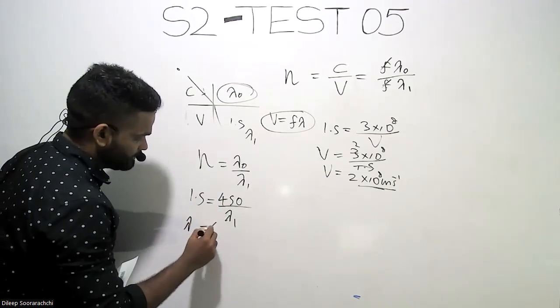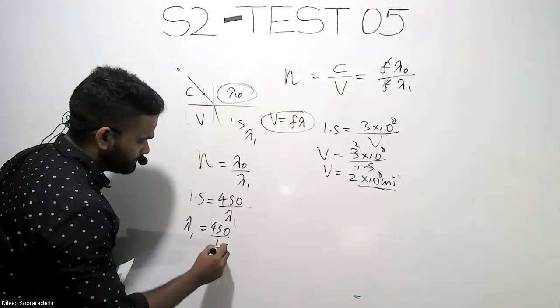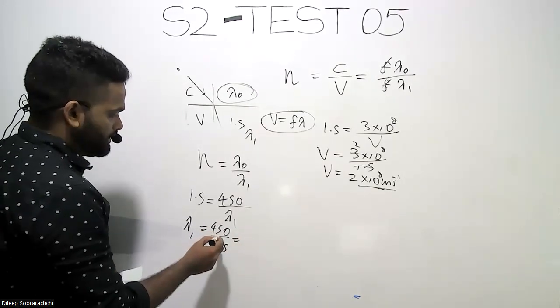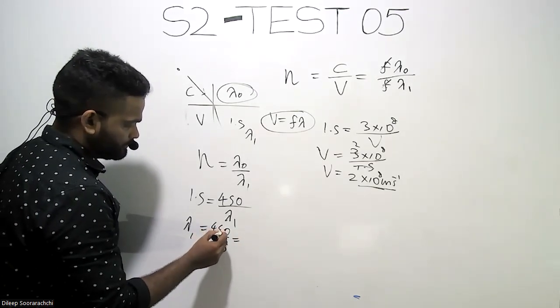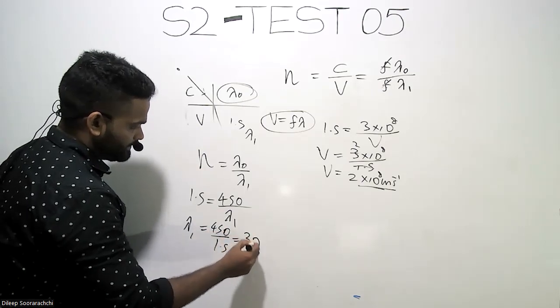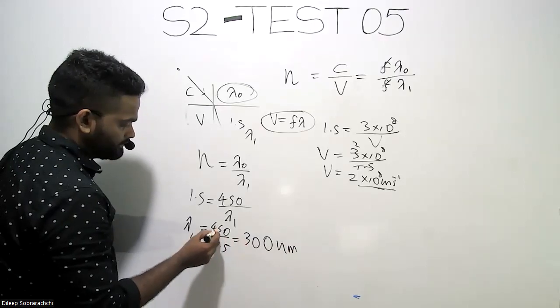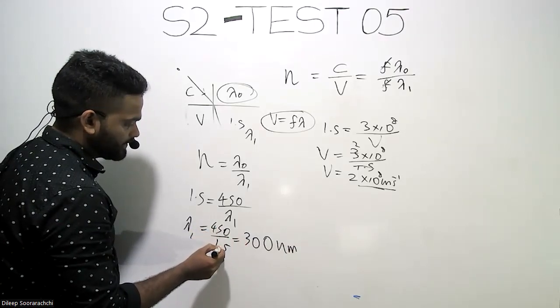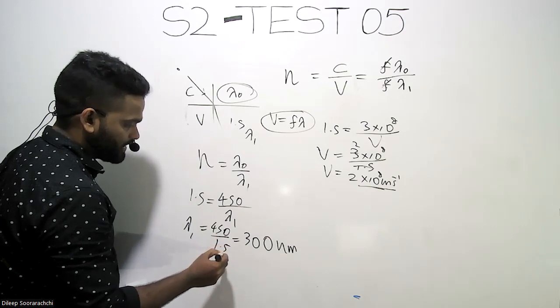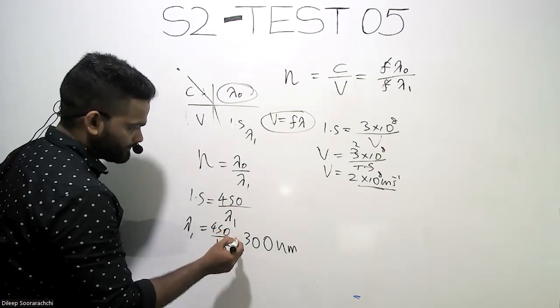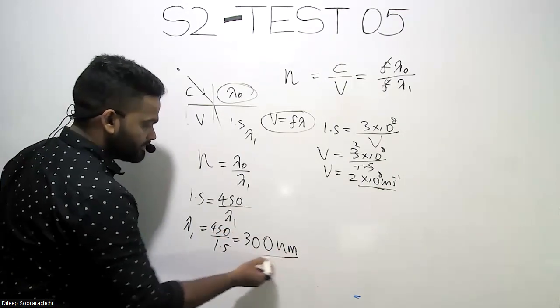So lambda 1 is equal to 450 divided by 1.5. This should be 300: 45 has 30 in 1.5s, then there's the 0, so it becomes 300 nanometers.